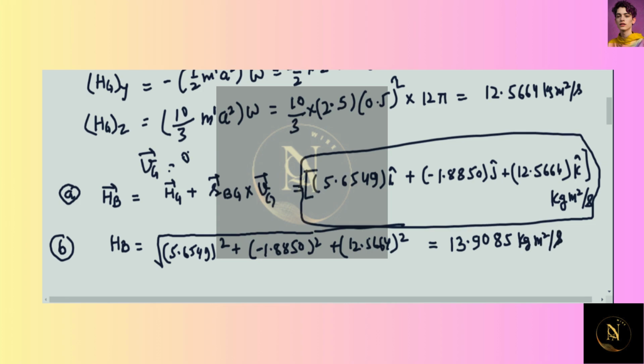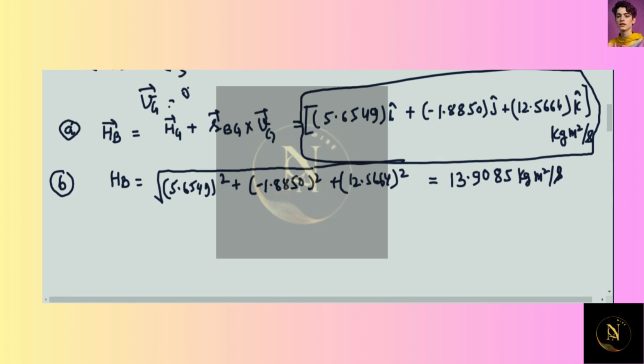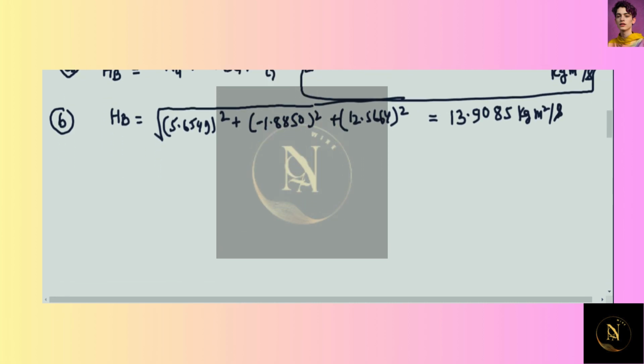Since we have to give its direction with AB, and AB is lying along the z-axis, we are finding this angle with the z-axis. So cos theta will be the z component of angular momentum divided by its magnitude, direction cosines. So it will be 12.5664 divided by 13.9085.